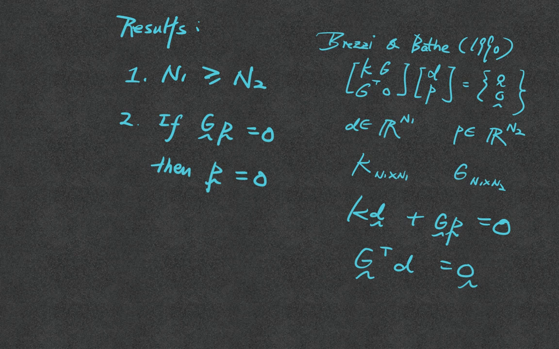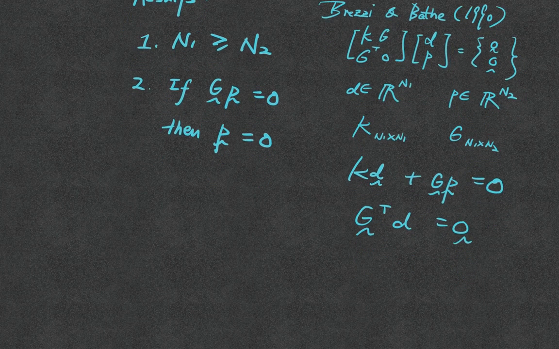And this may or may not happen. In general, if G is a diagonal matrix, a square matrix, of course that will happen, right? Or maybe not necessarily identity, but a diagonal matrix, that will happen. But you can also have something like losing rank, then you would come up with a p that is not equal to 0, but Gp equal to 0, okay? This is a situation we want to avoid.